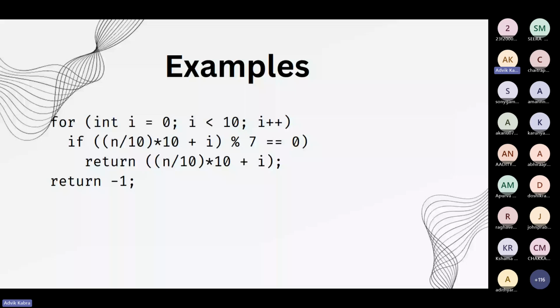Explain again for 11. Okay, so you understand that this code checks the last digit, right? So now we just have to check the second last digit. So you just have to modify this condition to this: n by 100 times 100 will give the number excluding the last two digits. So 5432, n by 100 would become 54, times 100 would become 5400.